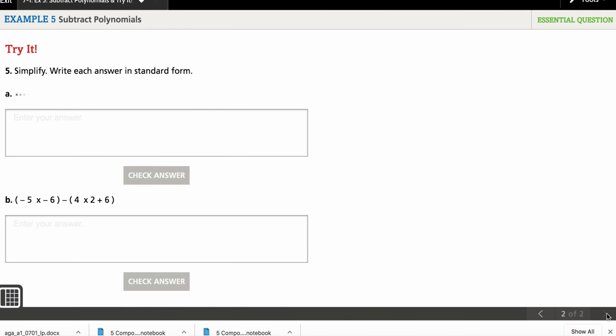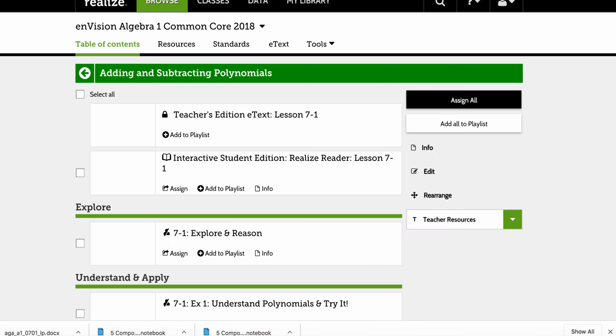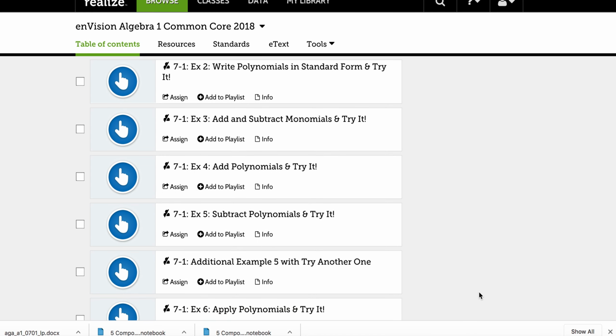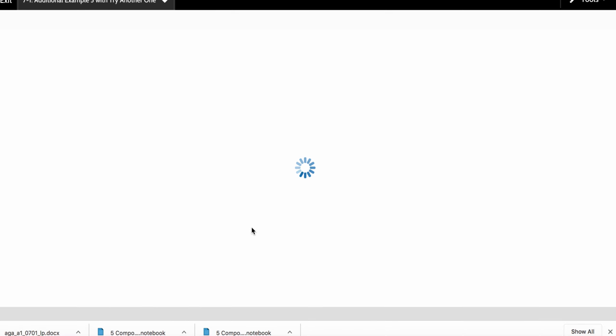Let's move to the second, and this is also going to be like your classwork that I'm going to post in Google Classroom, and you'll be answering these two questions. Let me go to additional example 5, try 1, okay?